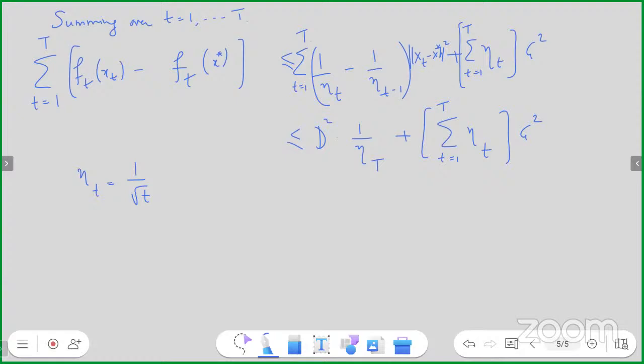This will be capital square root t, that's clear. What is the integral of 1 by square root t? That will upper bound this quantity. So this will be d square times root t plus g square times root t. That's what it will look like.